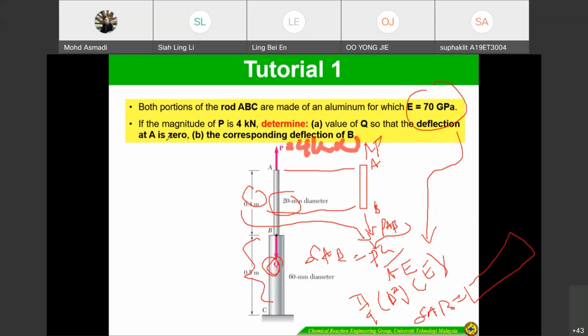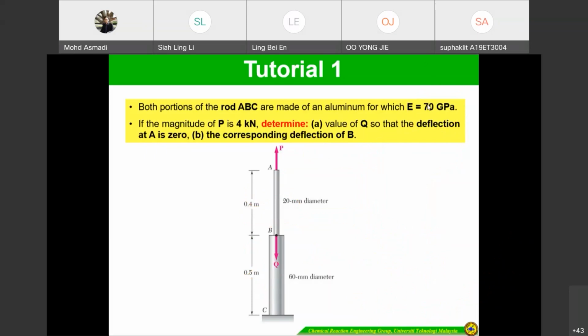If you look here, for the member force BC, once you determine this one, we have to draw again the free body diagram for the member BC, meaning we draw from this side to this side. This is how you draw a free body diagram, to make it easy to understand.